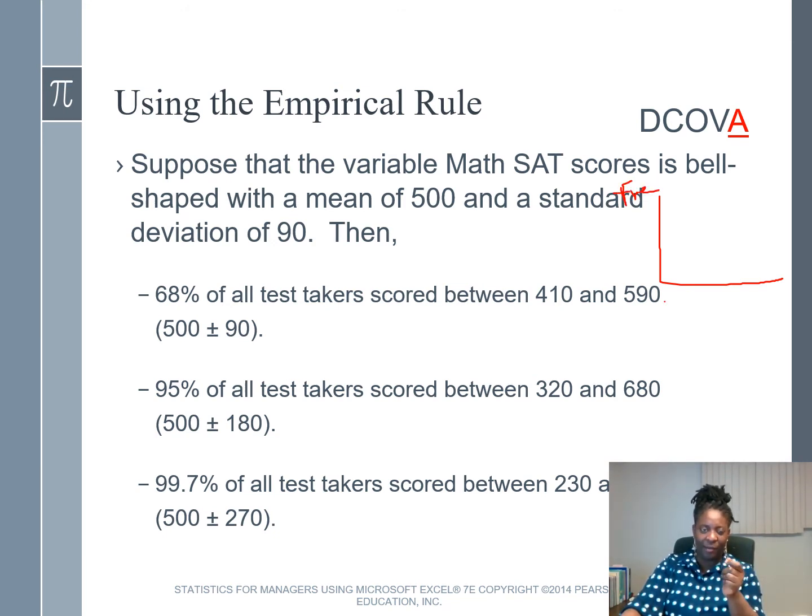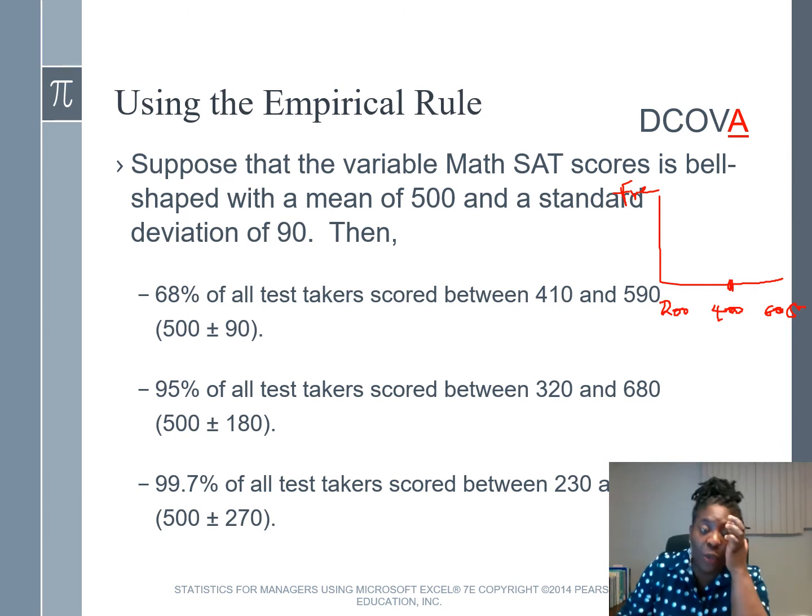So let's say we have something like, let me do better. 200, 400, 600, 800. The mean of math score is 500. Somewhere here is where we have the mean. The standard deviation is 90.